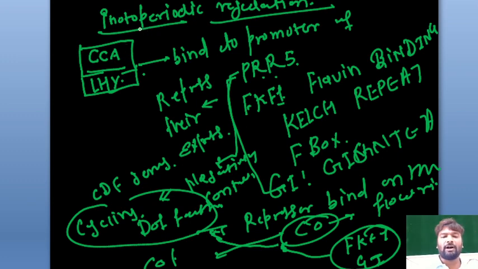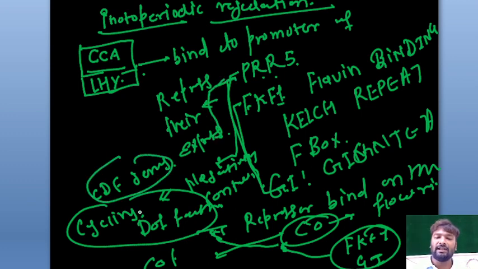So how does this photoperiodic regulation take place? These two circadian regulated genes, like CCA and LHY, bind to the promoter of these three genes PRR5, FKF1 and GI. PRR5 represses the expression of CDF genes, and these CDF genes are the repressors which bind on the CONSTANS genes, and CONSTANS are the flowering genes.